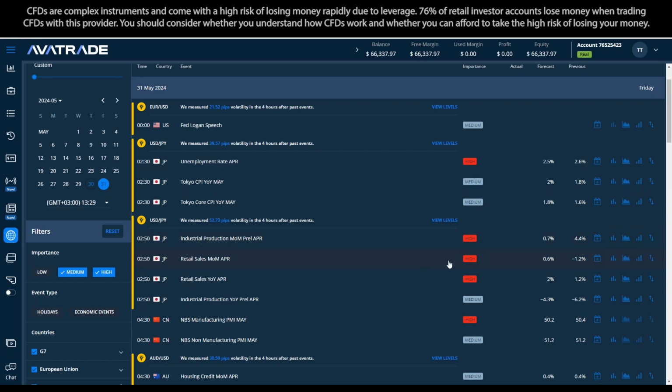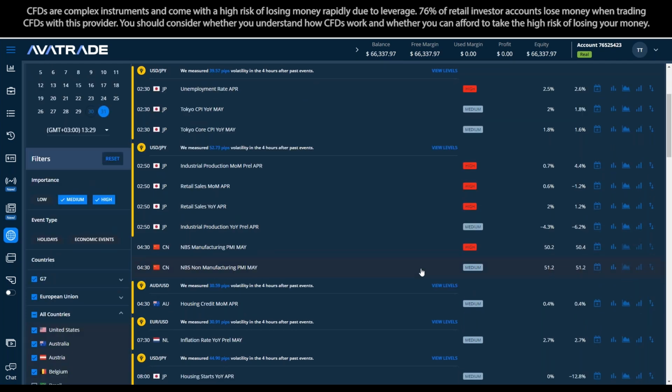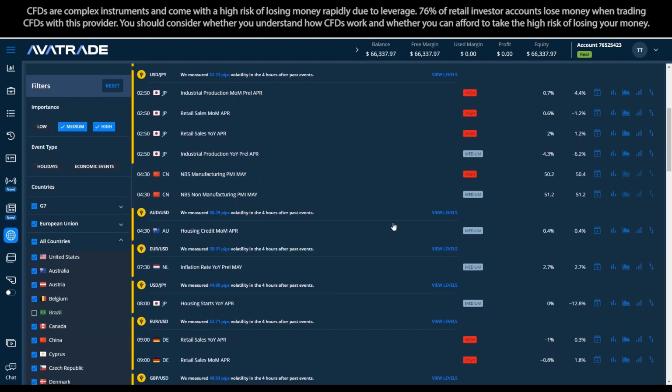Industrial production, retail sales out of Japan, also likely to have large movement predictability based on how these numbers come in. If you use the volatility tool and look at the past movement. So you can go through, like I said, each weekend, which announcements you're available to pay attention to that, if you check the statistics, convince you that you might have a shot at picking the right direction based on the numbers, and you can build that into your trading schedule.